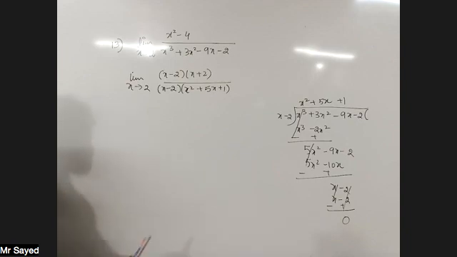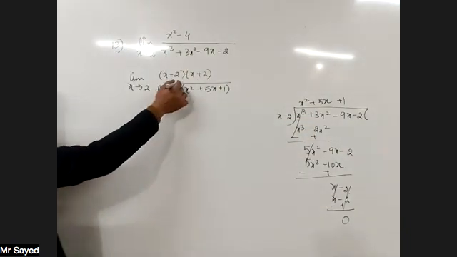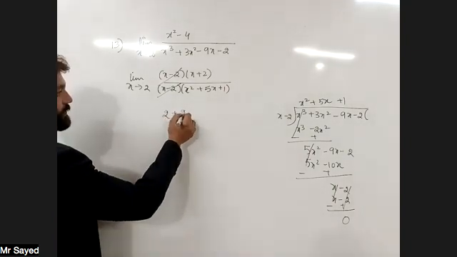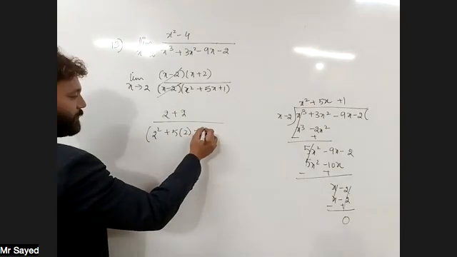So clear? Dividend equal to divisor into quotient plus remainder. Remainder is already 0. Problematic term cancelled. Now put up the value of the limit. So this will be 2 plus 2 upon 2 square plus 5 into 2 plus 1.